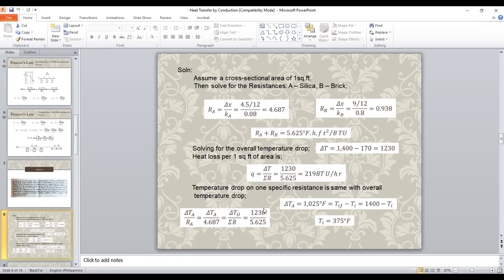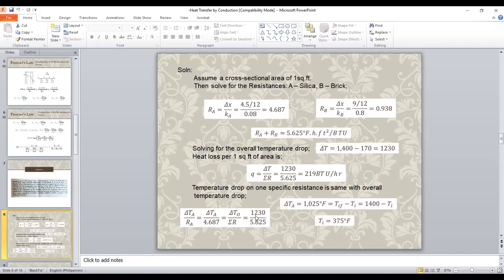units on top. Now, the temperature drop on one specific resistance is the same as the overall temperature drop. So we equate the temperature drop in the single-cell brick with that of the overall temperature drop and the summation of resistances for our series of resistances, because we have two types of bricks, and we will get this particular value.